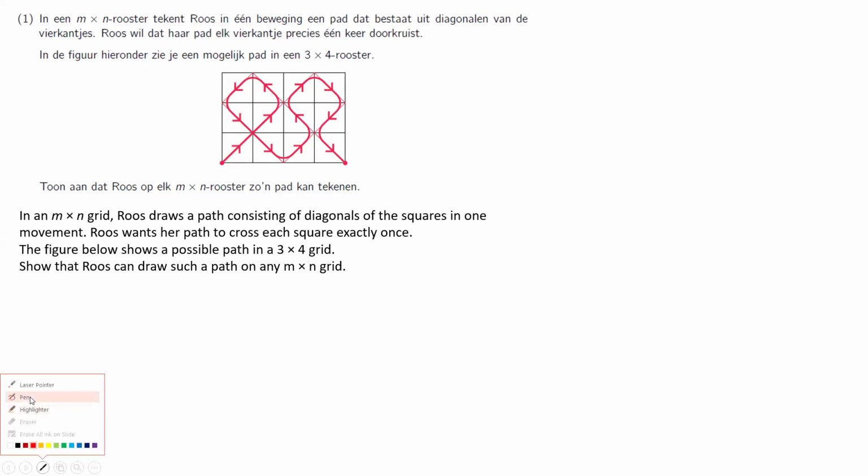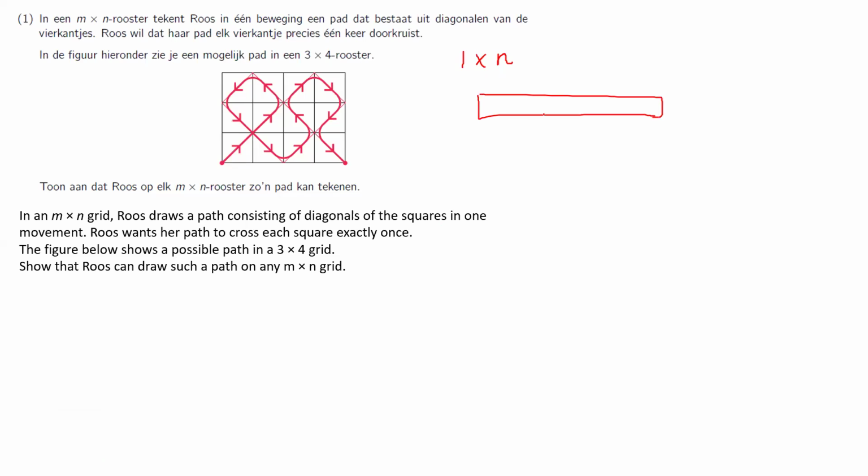It's very natural that we start with the simplest case, so we start with m is 1. So a 1 times n grid, where there's only 1 row. For example, here we have 1, 2, 3, 4, 5, 6, 7, so seven squares.